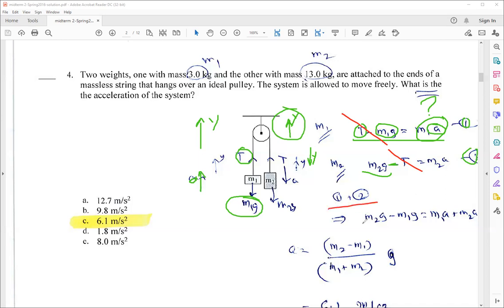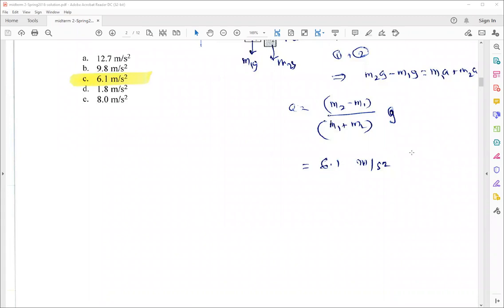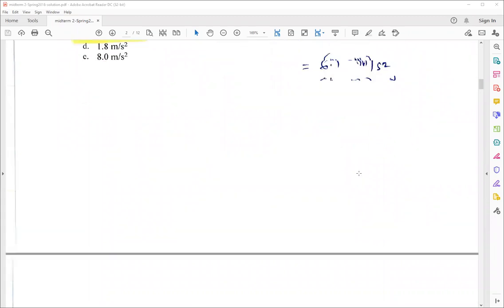So you end up with mass 2 times gravity minus mass 1 times gravity is equal to m1 times acceleration plus m2 times acceleration. You factor out acceleration, and then you divide by the total mass m1 plus m2, and this will be your acceleration, okay? And the value is about 6.1 meters per second squared.